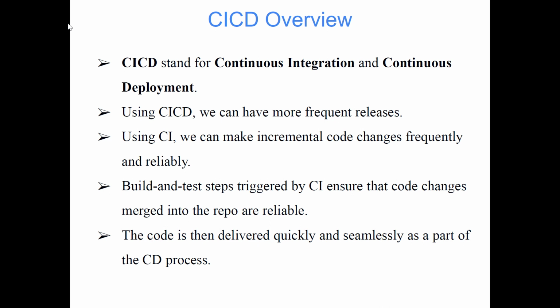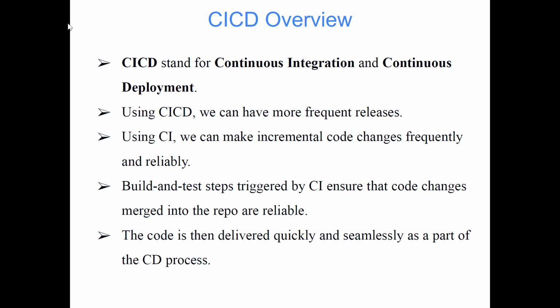How is it possible? That's possible with the help of CI/CD, because everything is completely end to end automated. That means you don't have to do many things manually. As a developer, you just concentrate on writing your business logic, writing your code, and everything else will be taken care of by the CI/CD pipeline automatically.